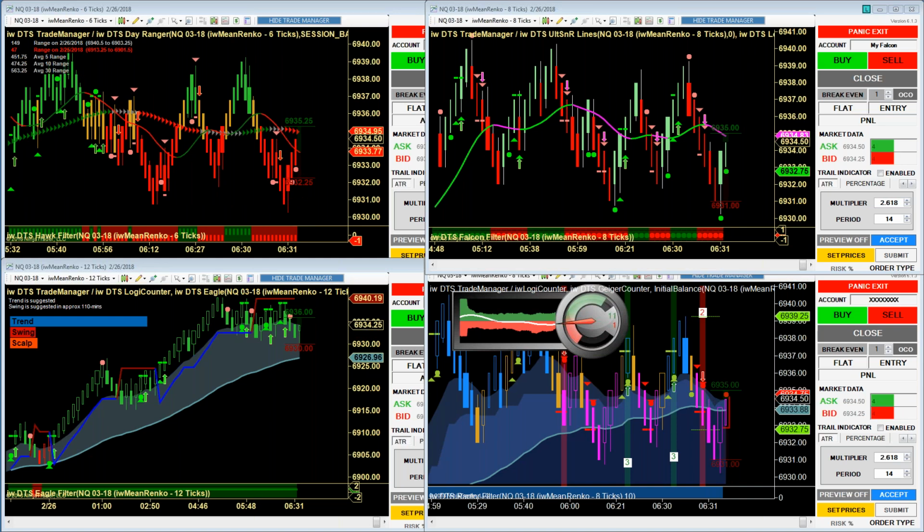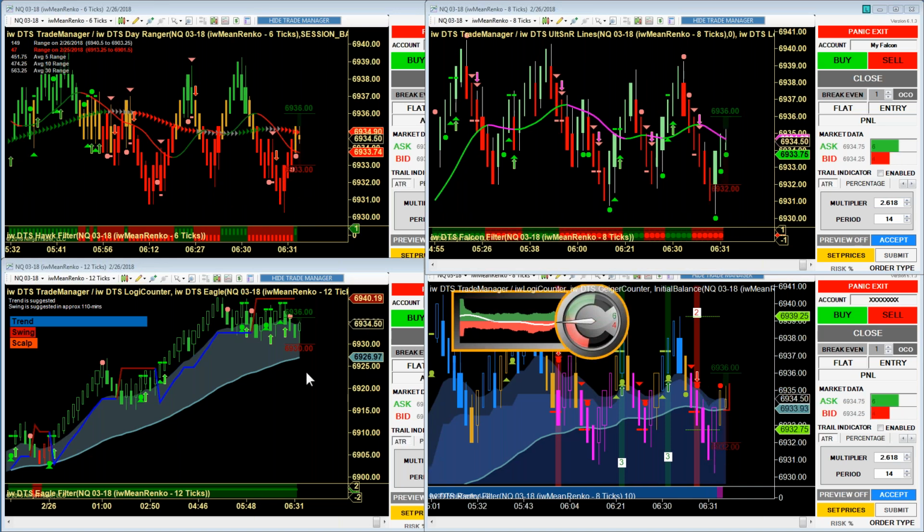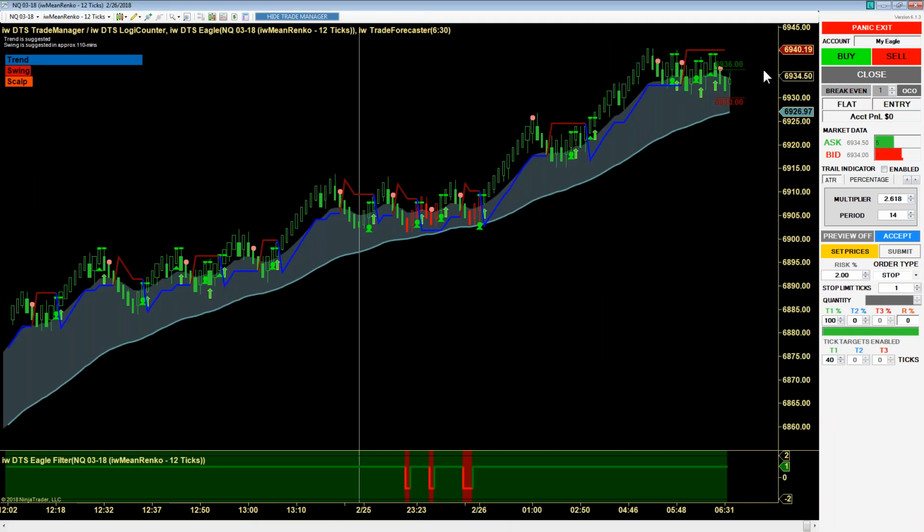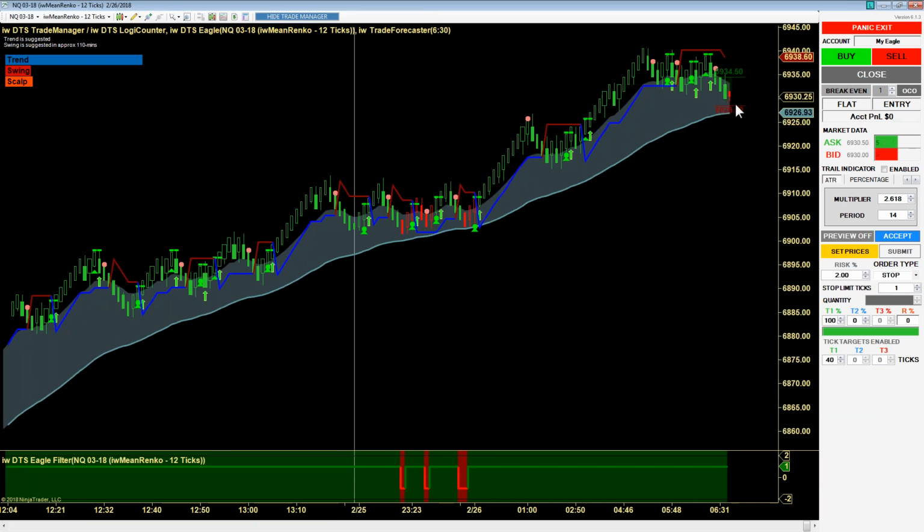All right, so we're opening up this morning with a pretty good continuation of where the market left off on Friday. It looks like the market closed around the 69.10 area and then opened this morning around 69.40. So we've got a little bit of a gap here to the upside.